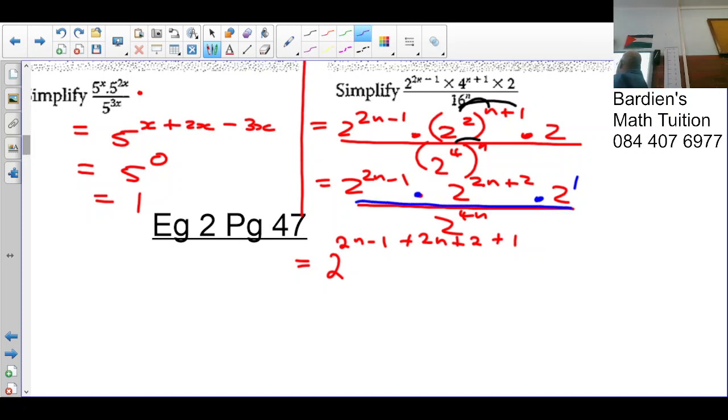We must subtract. That's why I'm going to say minus 4n. You understand, Michael? Don't tell me at the end of the sum you don't understand. You all understand? So what is 2n plus 2n? 4n. 4n minus 4n? 0. Gone.